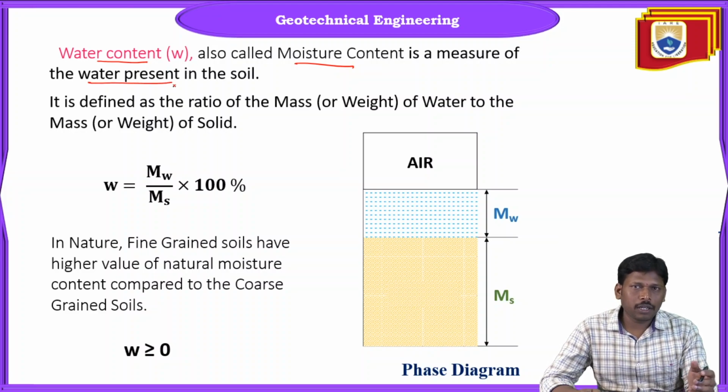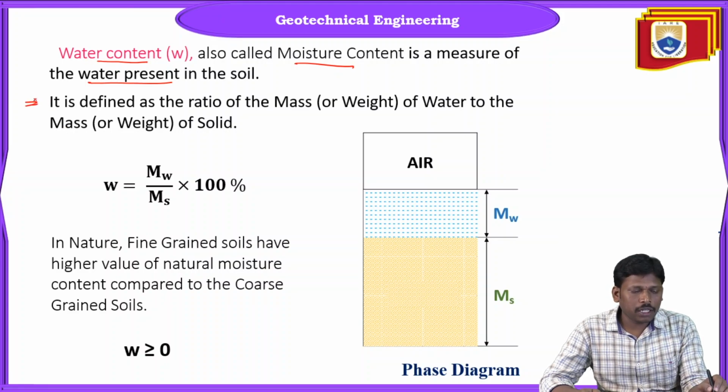As I said previously, when we say the soil is partially saturated, it means there is some water content present. In order to measure the percentage of water within the soil mass, we determine it with the water content formula.